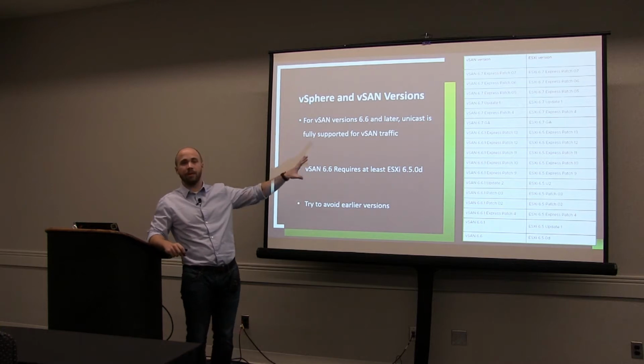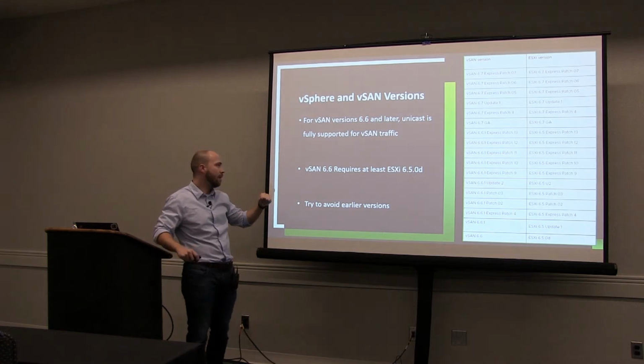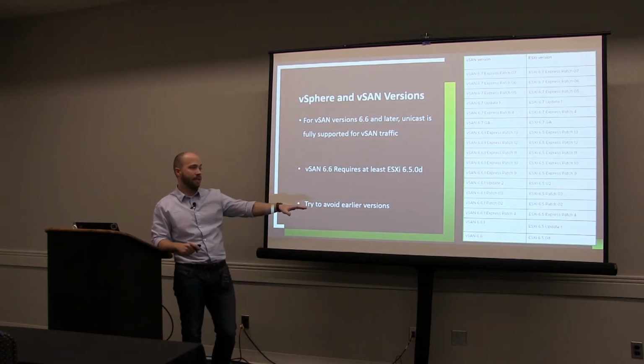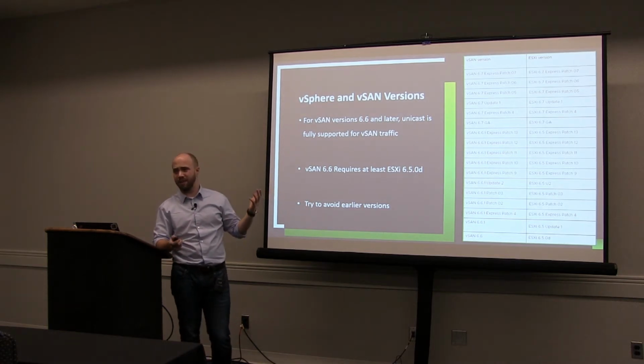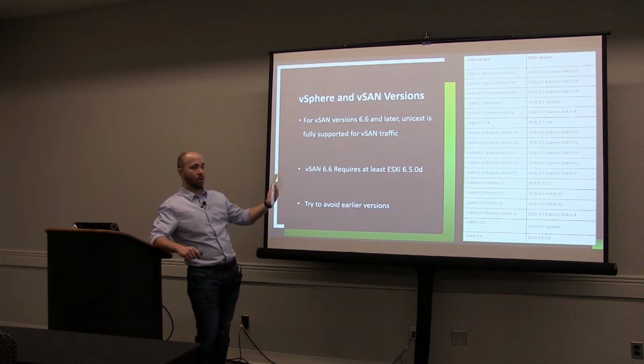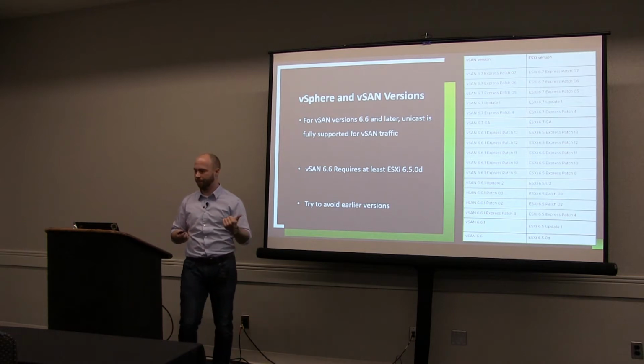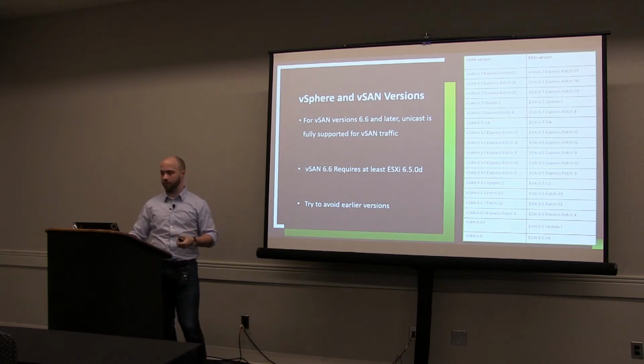This is not a complete list. This is just everything that supports vSAN 6.6 and later. At this point, ESXi 6.5 is, I think, about 2 years old. I certainly hope that's not the level that you're still deploying. If you're having earlier versions than that, then you're going to run into multicast requirements, which just adds some complexity to your design. So I definitely try to avoid those earlier versions.